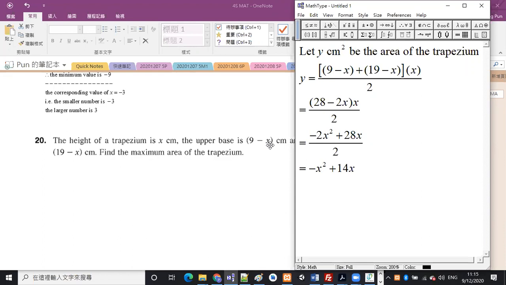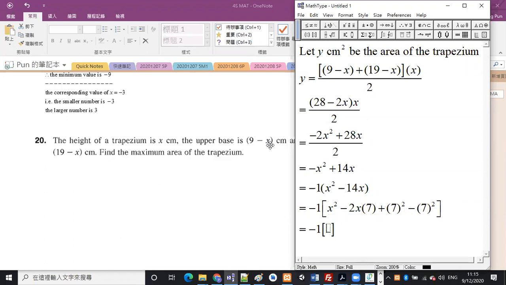But the question asks us to find the maximum area of the trapezium. So the maximum value of this function. Then we are going to change the function from the ABC form to the AHK form. Take out the A, and then x squared minus 2xy plus y squared minus y squared.